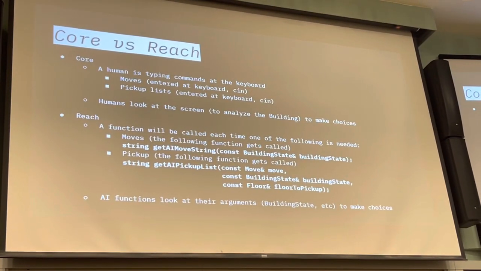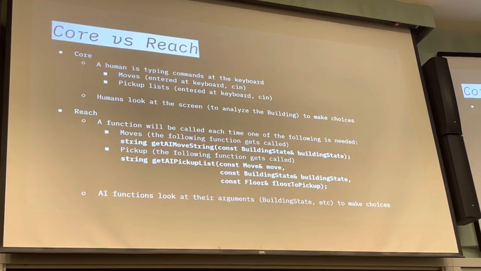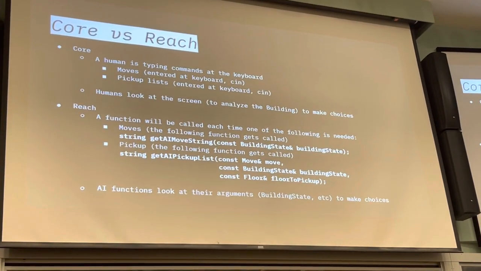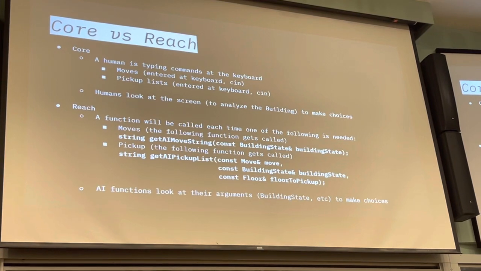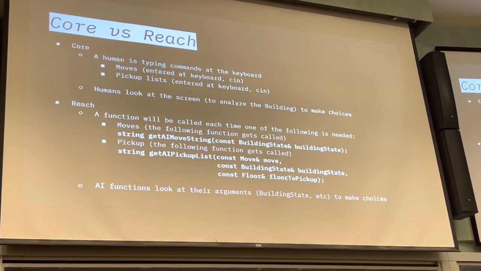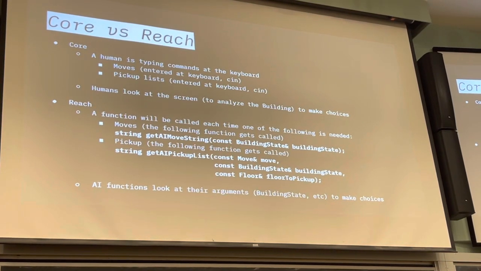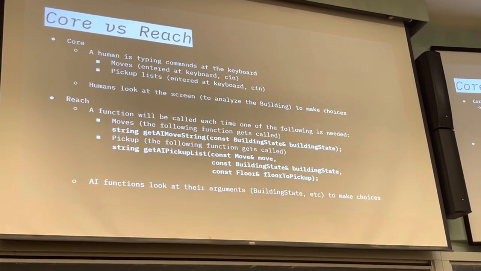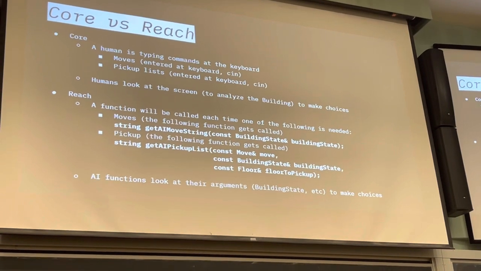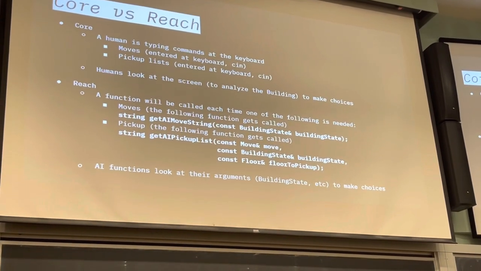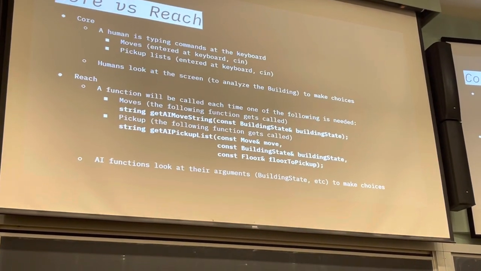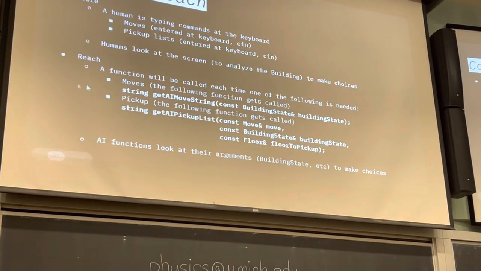So what we're doing in reach is you're going to think of the best strategy that you can in order to win the game and make sure you have the best score that you can. And as you hit enter on your keyboard, the computer is going to be making those choices based on the code that you write. So our two functions that are going to be the main functions of our reach are going to be getAIMoveString.